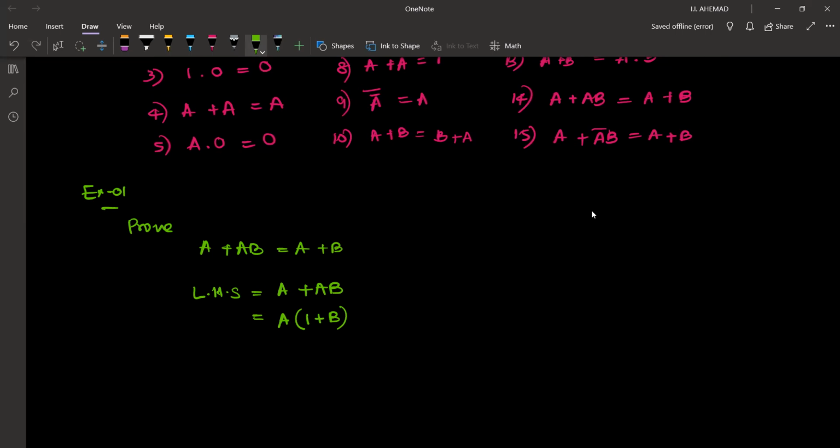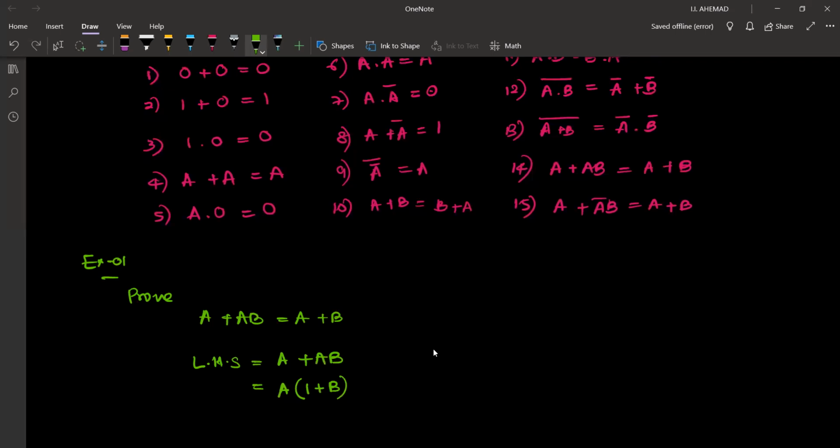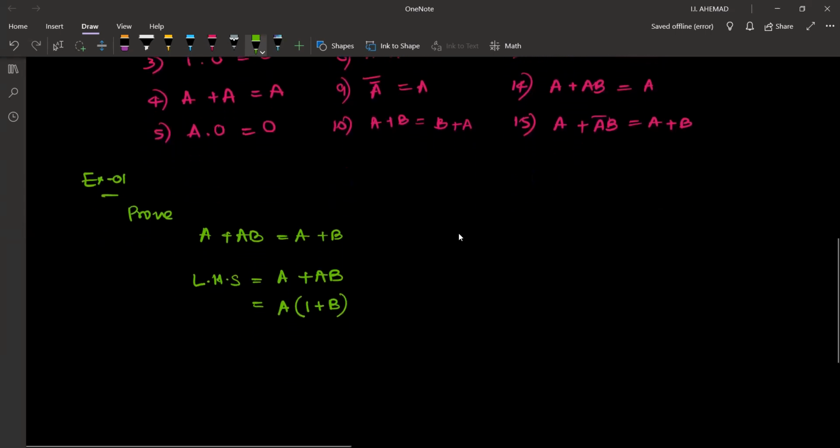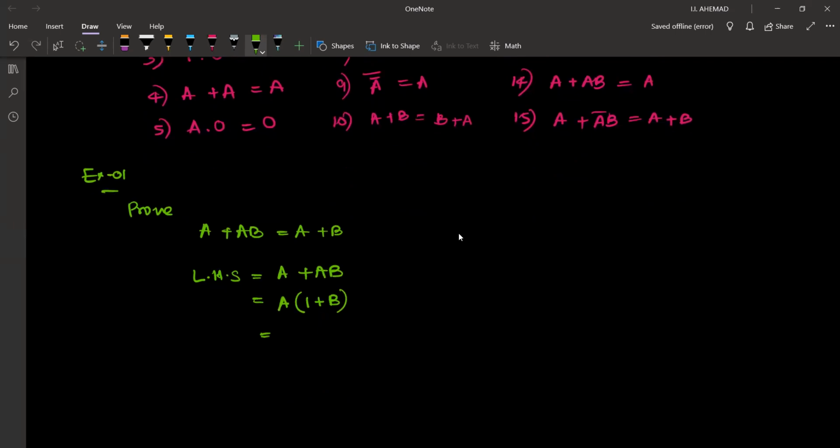Sorry, this is A plus AB is equal to A. Correct it, not A plus B. So here, look, B plus 1. Does it depend on B? No, right? Because here we have 1 or B. Because already we have a higher value, it doesn't matter what B takes.